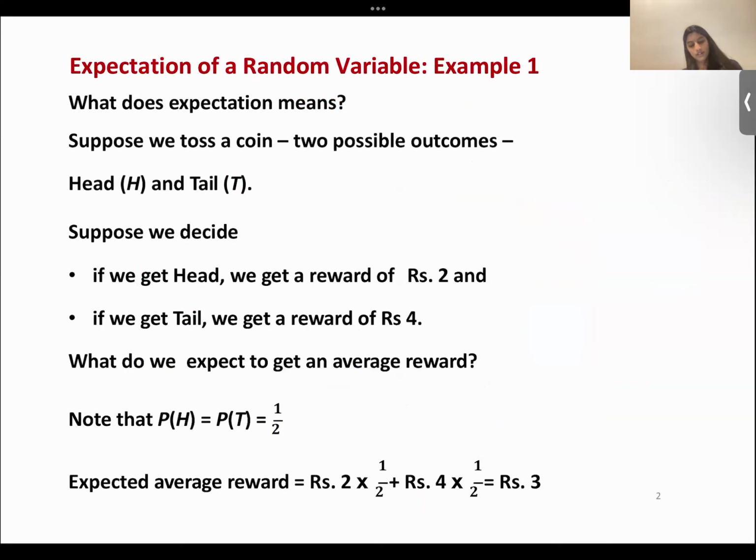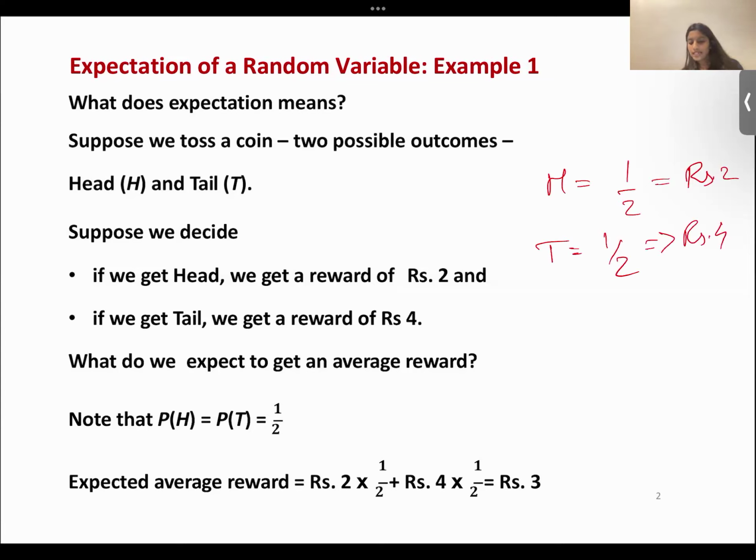So when you toss a coin, you expect either a head or a tail. Expectation is when you decide that you get some reward when you get a particular outcome. For example, the probability of getting a head is 1 by 2, and the probability of getting a tail is also 1 by 2. But if you get a head, your reward is rupees 2. If you get a tail, your reward is rupees 4.